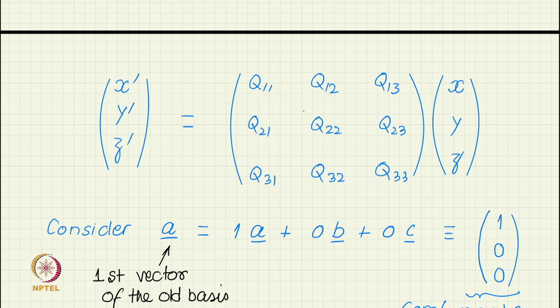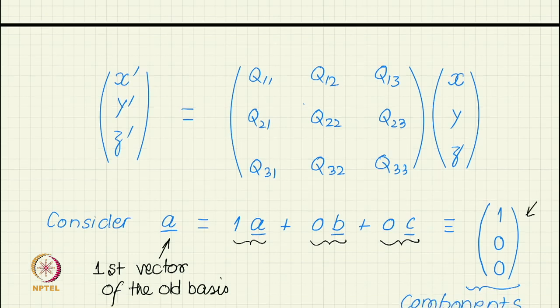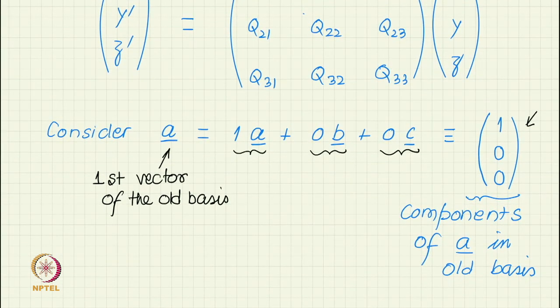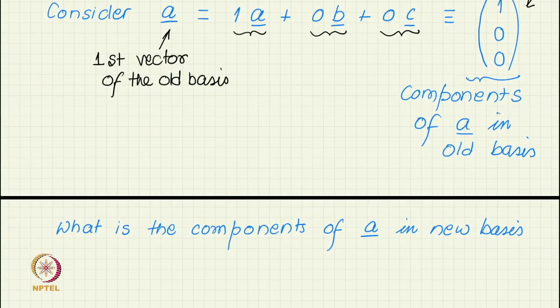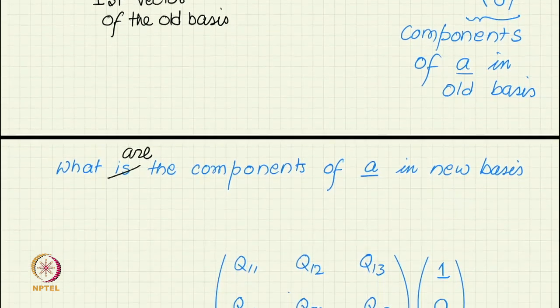This vector, if I express it in the old basis, will simply be 1 a plus 0 b plus 0 c, that is, it will be represented by the column 1 0 0. So, 1 0 0 is the components of a in the old basis. We would like to know what the components of a are in the new basis.